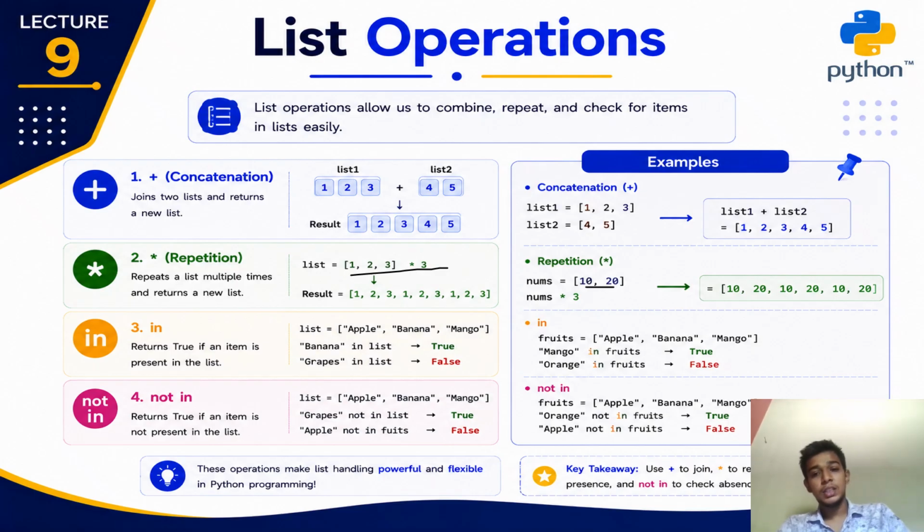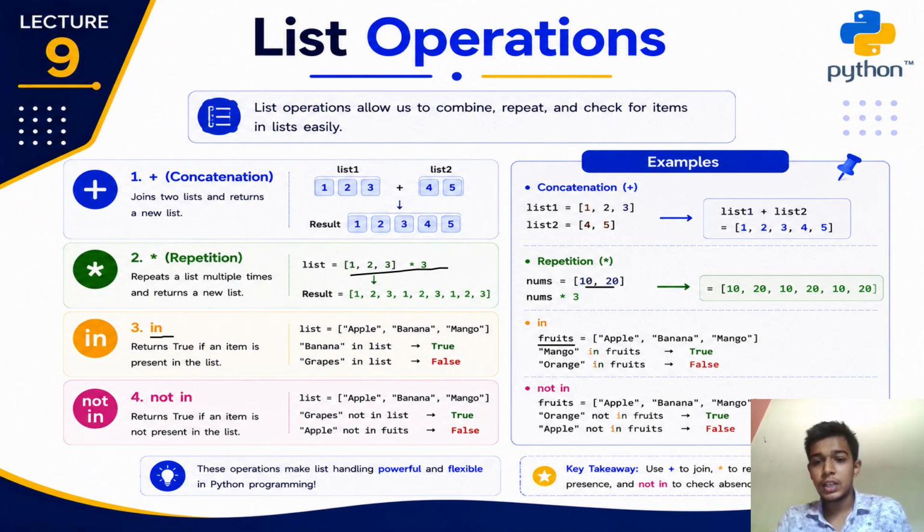Now the third one is the membership operator, or in. It checks whether a particular item exists inside the list or not. For example, you can see here is a list of fruits which contains apple, banana, mango. Here we check mango in fruits. Python will check if mango is in the list fruits.